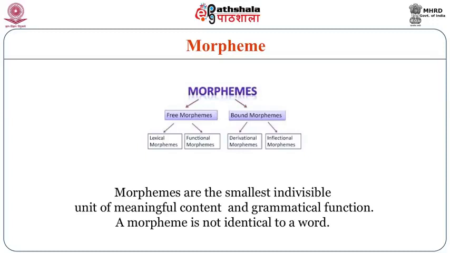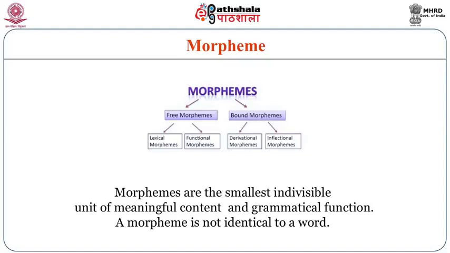Now, when we say morphology, the first word with which it has been coined is morpheme. What is a morpheme? Morphemes are the smallest indivisible units of meaningful content and grammatical function.